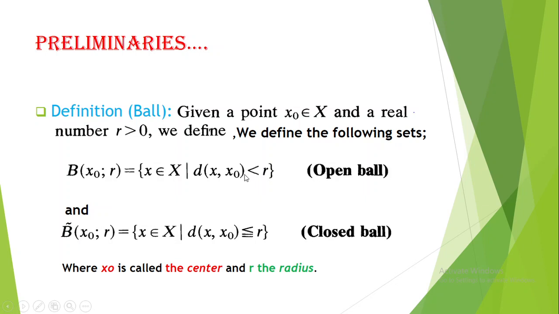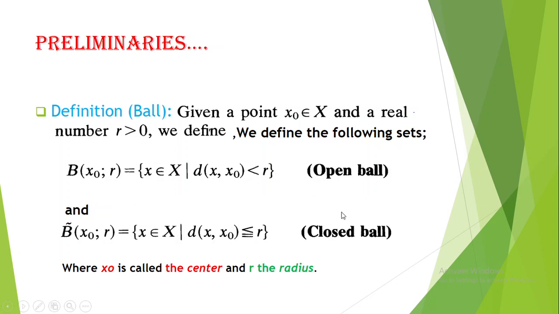An open ball is the set of all those points x belonging to the set X that satisfy this condition: the distance between the two points x and x naught is less than r, where r is the radius of the ball.